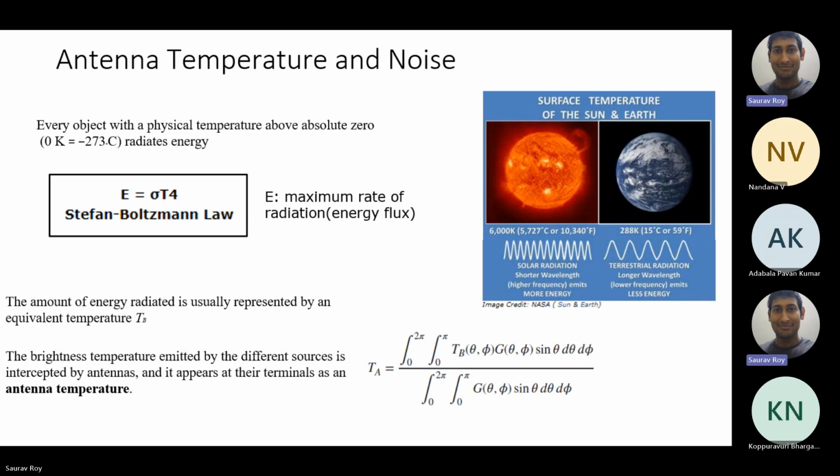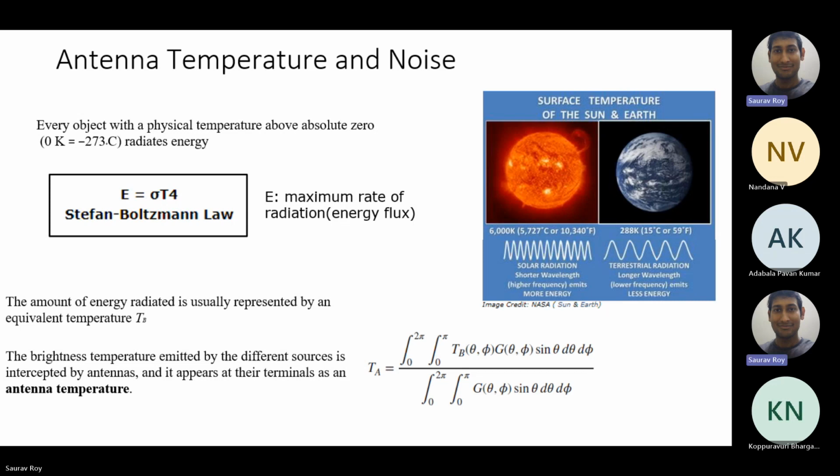If the temperature is very high, that means it will go towards blue, because that will be higher frequency. And as you move towards lower and lower temperature bodies, the radiation wavelength will be increasing. So lambda is almost proportional to 1 by T.